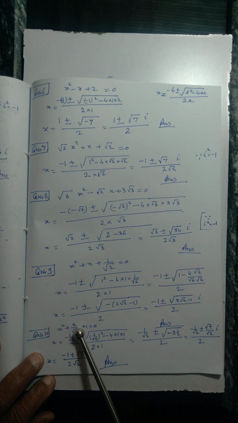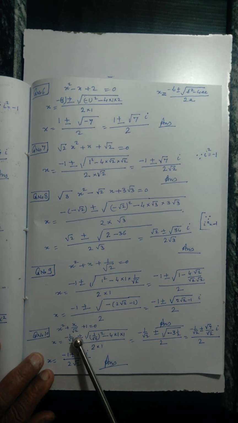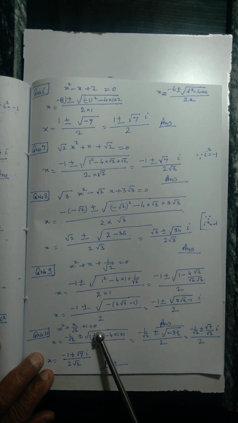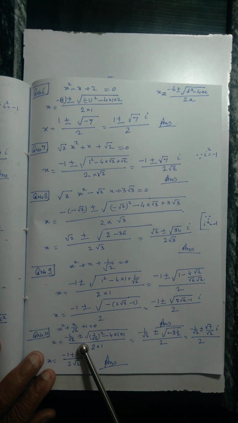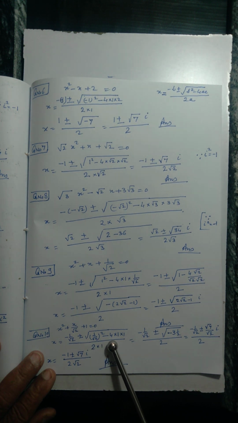Now come to question number 10. X square plus x by root 2 plus 1 equal to 0. Now put the values. X is equal to minus 1 by root 2 plus minus root of 1 upon root 2 whole square minus 4 into 1, whole divided by 2 into 1.